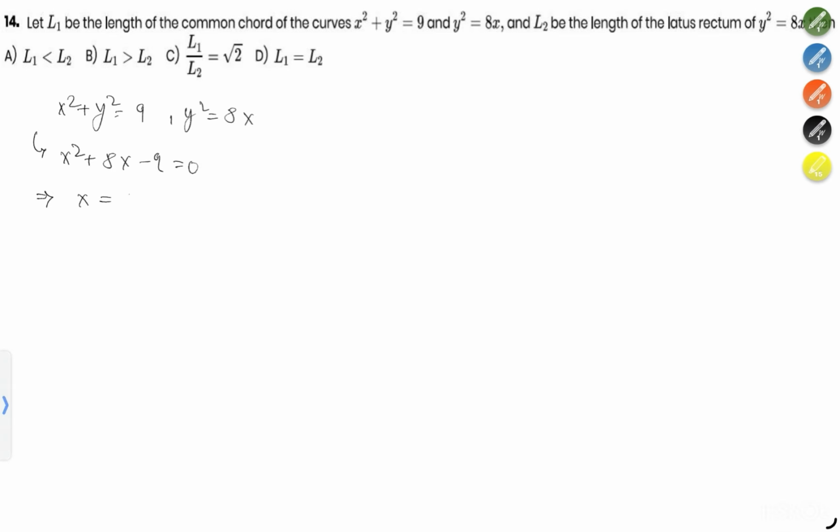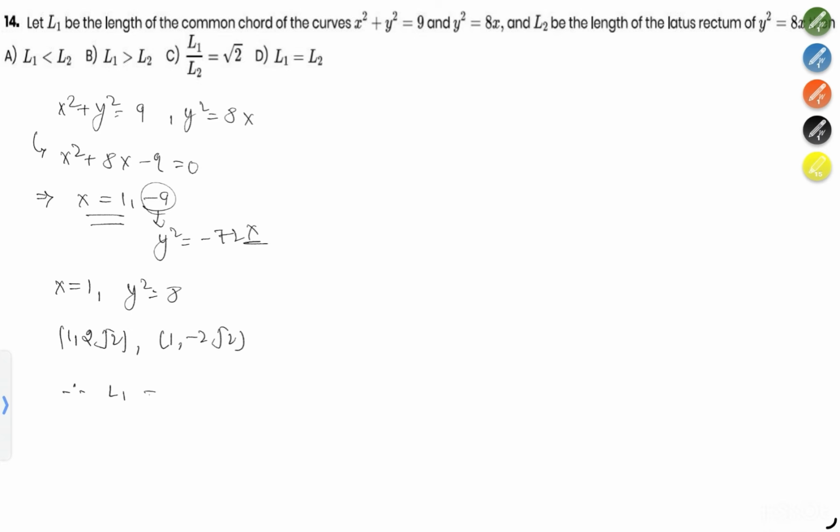This will imply x can be equal to 1 and minus 9. We cannot take x as minus 9 because in this case y square equals minus 72, which is not possible. Therefore, we take only x equal to 1. If x is equal to 1, y square equals 8. So we have the points 1 comma 2 root 2 and 1 comma minus 2 root 2. Therefore, L1 is 4 root 2.